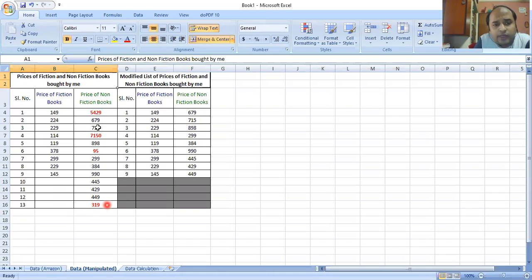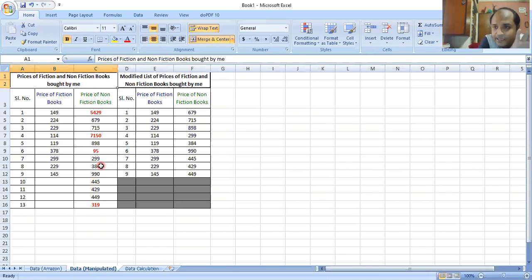So I could have omitted 679, or I could have omitted 715. There is no hard and fast rule for doing that, because I have no other option left. So I have decided to omit this 319. You can do the same experiment by omitting any other 100-digit figure.